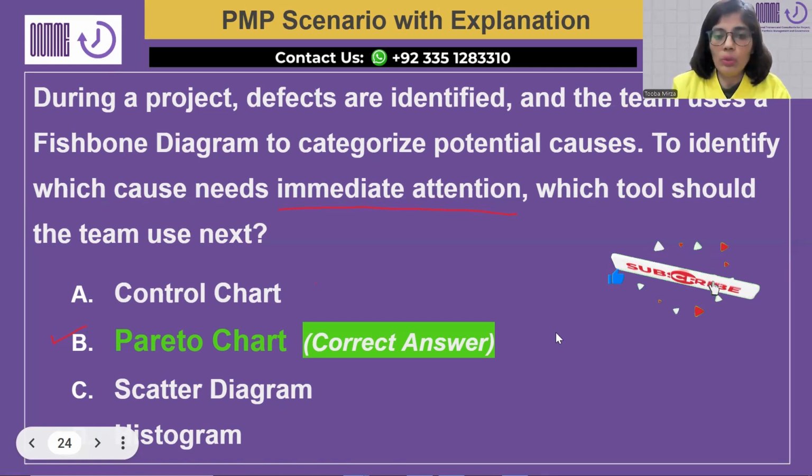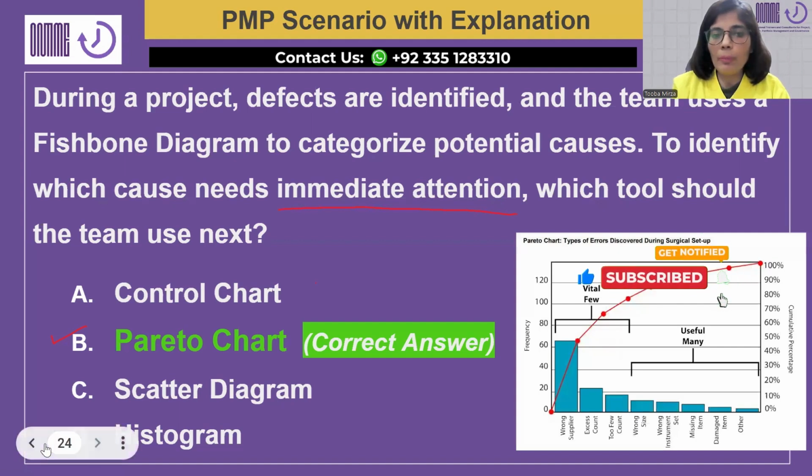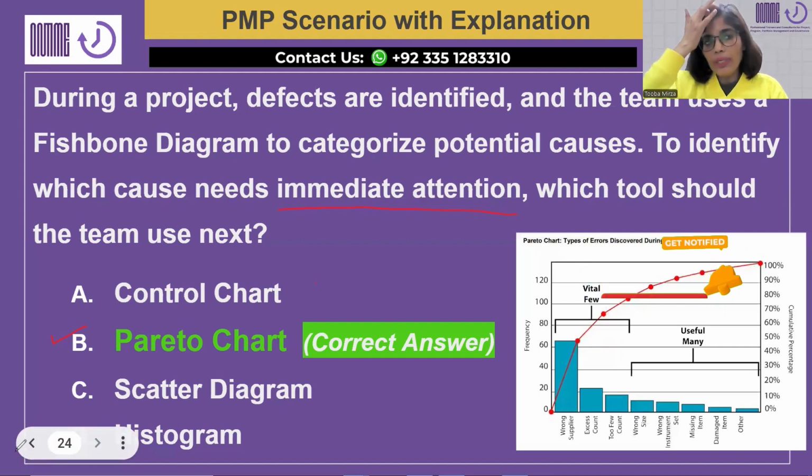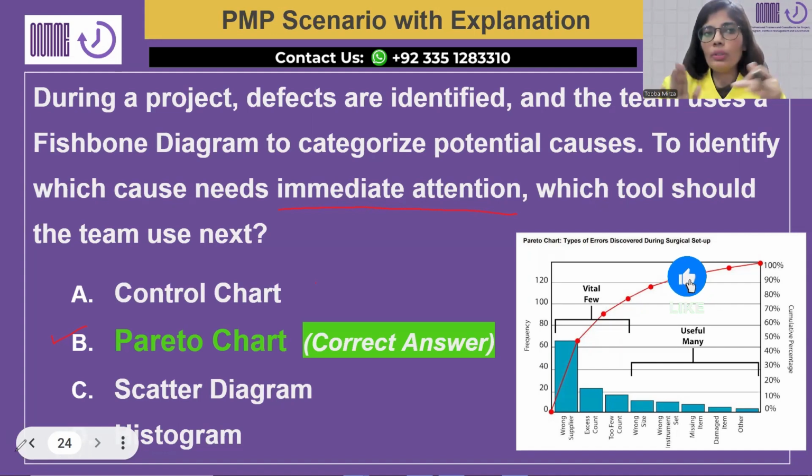Pareto chart works this way. This is an example Pareto chart. And the Pareto chart is a ranked histogram where on the x-axis you have possible categories. It could be causes, it could be multiple heads, it could be any type of categories.